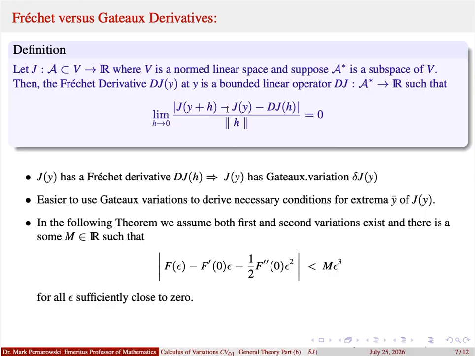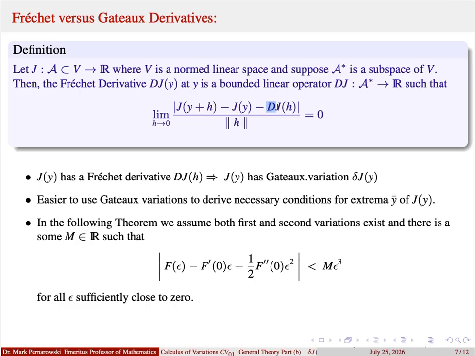There's a theory behind this, and it says that if I take this difference and I have something called the Frechet derivative for that h, then it is asymptotically small with respect to the norm of h. If you look at this, it looks almost exactly like f of x plus delta x minus f of x minus f prime of x. In that form it's very analogous to how first derivatives are defined.